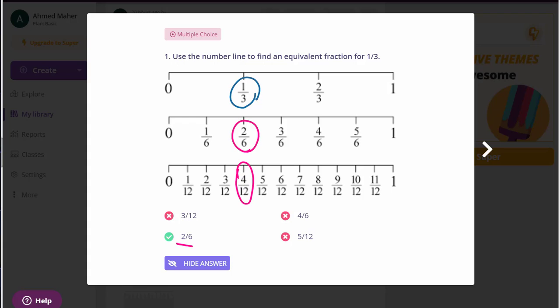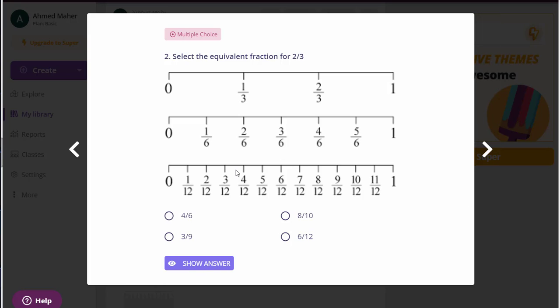Okay, my heroes. Now let's move to the next question. And this is the second question. We saw the answer, of course. It's 2/3.